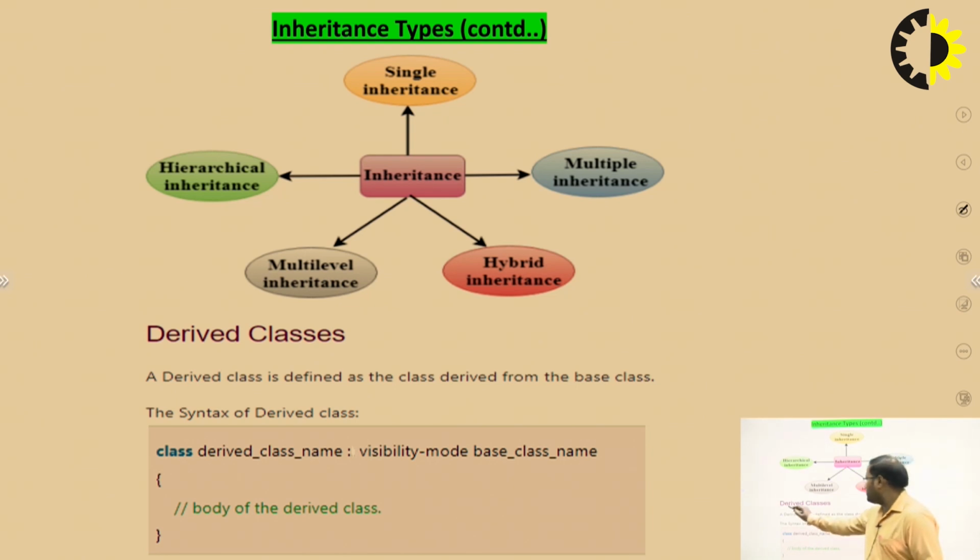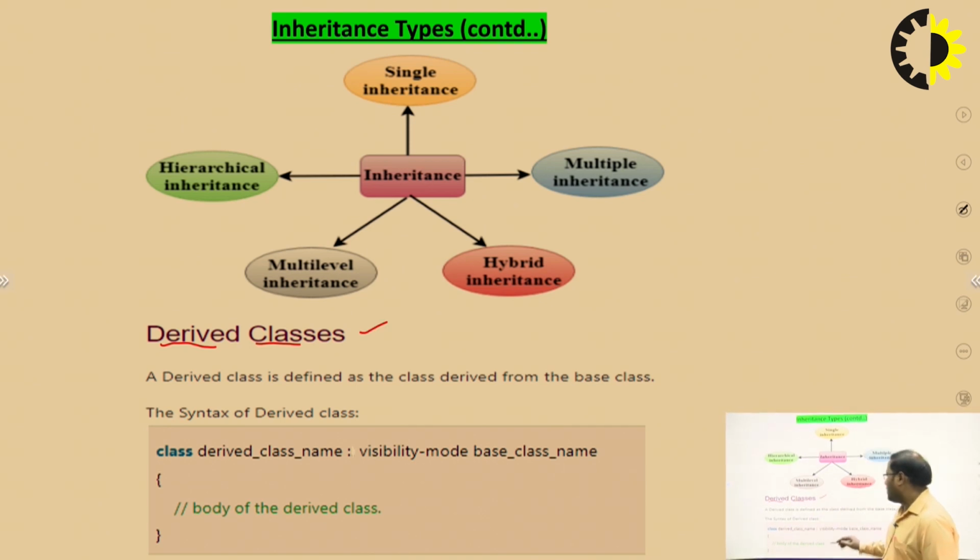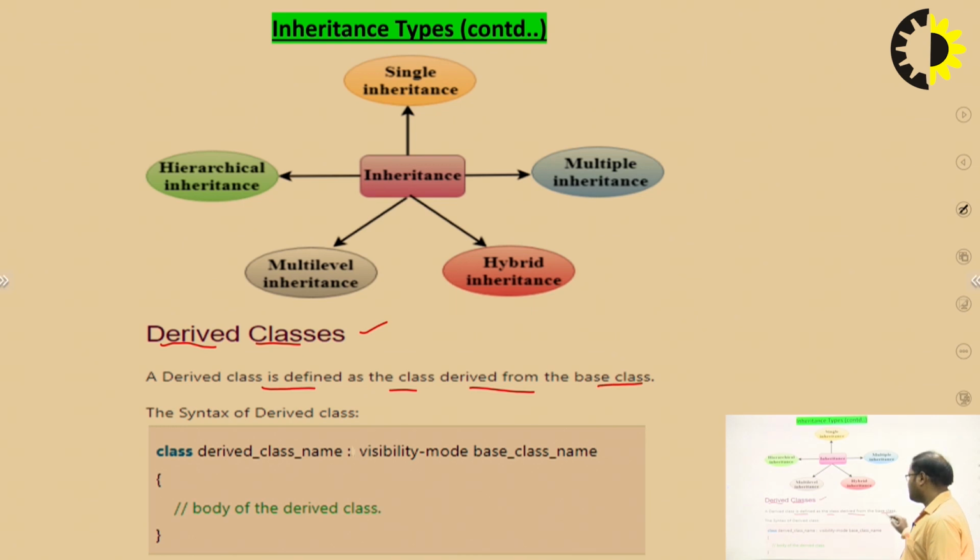Here, firstly we should understand the derived class and its syntax. A derived class is defined as a class derived from the base class. The syntax of the derived class is: here this is the name of the derived class. Before this, the class keyword is used because it is also a class. Here a colon is used showing the inheritance property.